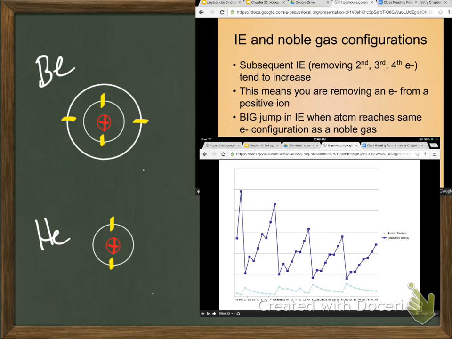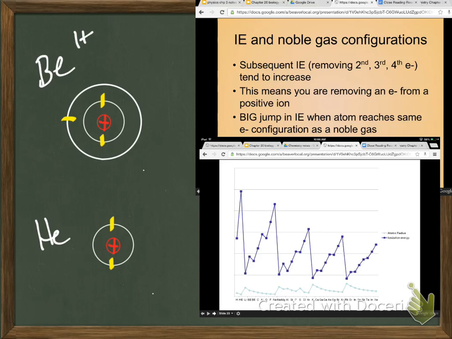So let's say we get rid of one of those electrons. See if I can do this. Ooh, surgical precision. So now we have beryllium 1+.